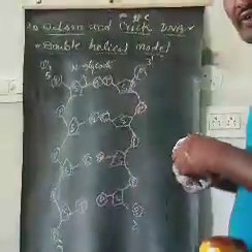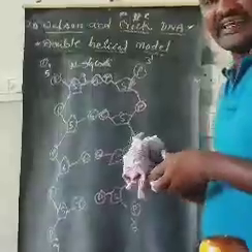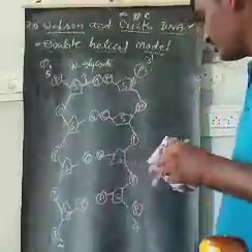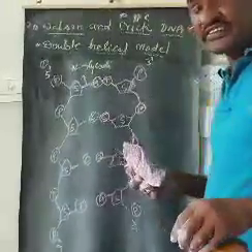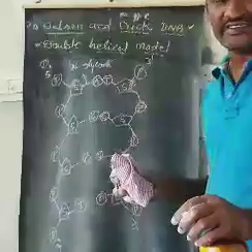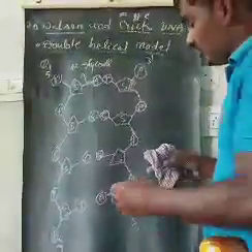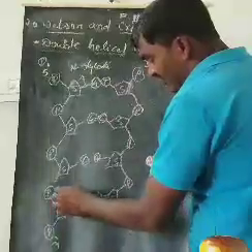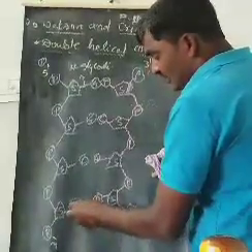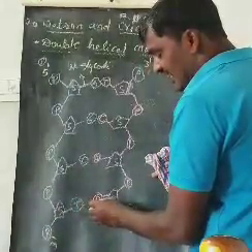As per Chargaff's rule, the purines and pyrimidines are always equal in binding. Let me show this image. This is a thymine and this is an adenine.